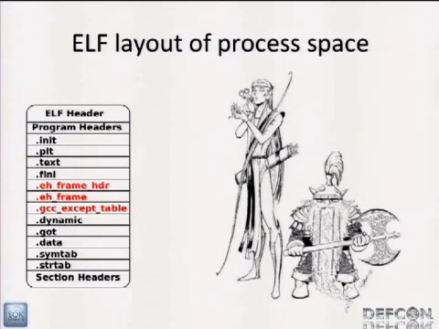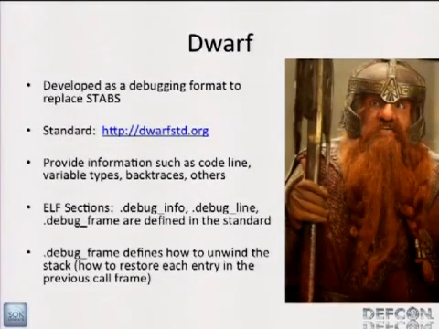Basically, if you look into the ELF layout, you have some sections that actually call for attention, which are the ones in red on the slide: the eh_frame_header, the eh_frame, the GCC exception table. Those sections are based on a debugging format called DWARF, which was created for debugging.